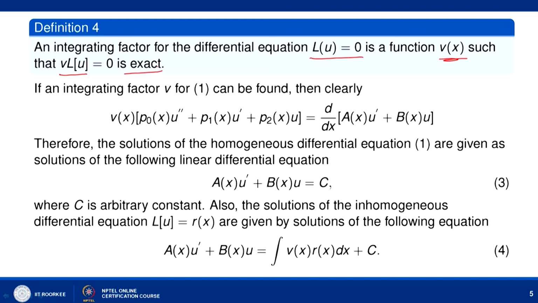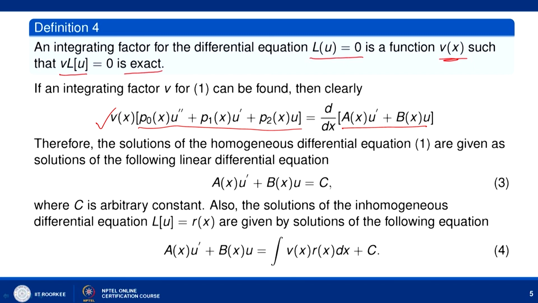So, how can we find this function V of x? If you look at it, by multiplying by V, this must be an exact differential equation. It means that V of x times this part must be an exact derivative of some differential form of one order less, that is d by dx of A x u dash plus B x u, and by solving this we can find the function V of x such that V Lu is an exact differential equation.